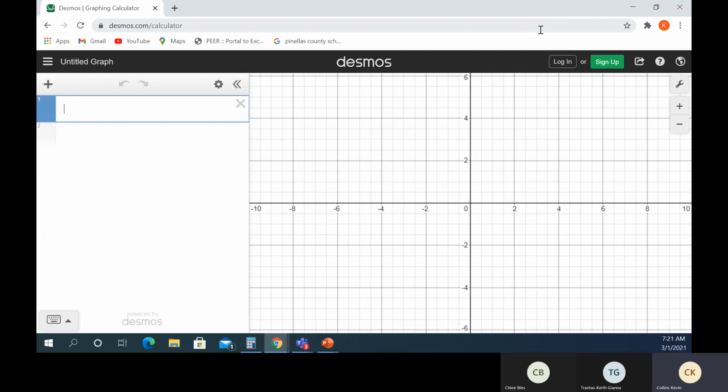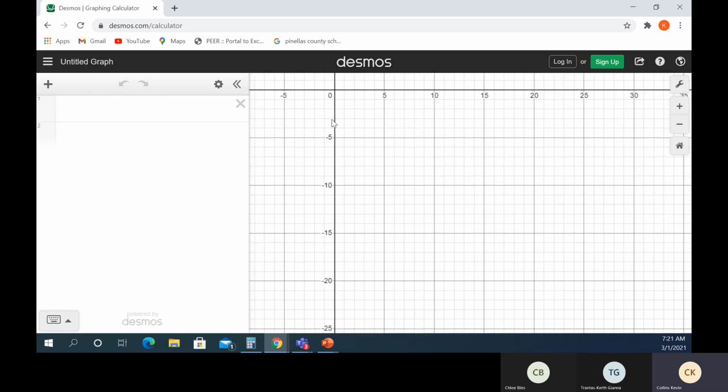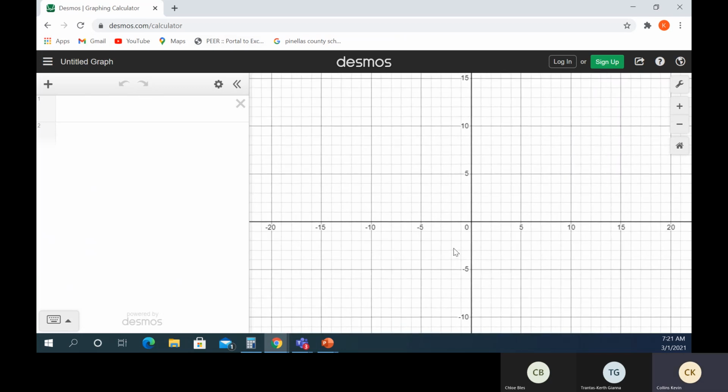First thing I'm going to do is plot some of these points. We have to make this a little smaller actually. Let's leave them here. Then we're just going to plot some points. We're probably going to label these, that would be good.